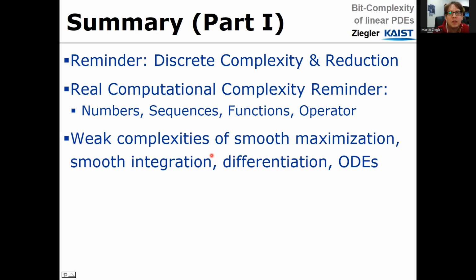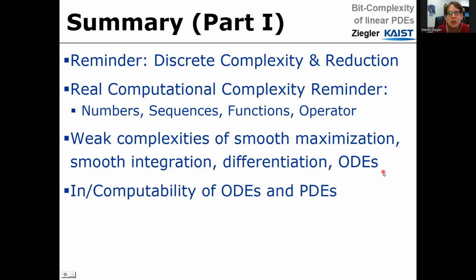Weak complexity theory for operators. Classical statements about complexity: smooth maximization corresponds to NP. Smooth integration corresponds to Sharp-P or Sharp-P 1, depending on whether it's definite or indefinite. Differentiation can leave the realm of computability, and ODEs, if they are Lipschitz, correspond even to the complexity class P space, according to Akitoshi.